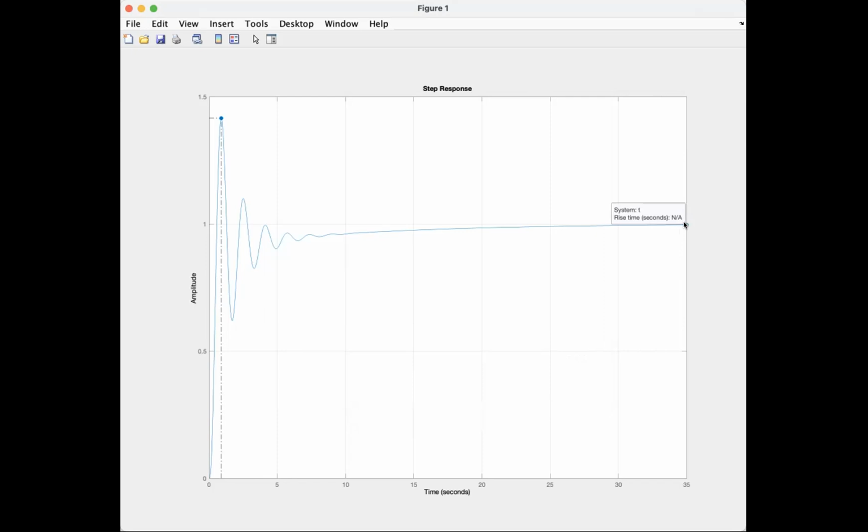If you look here, the final value is 1, and then the input is 1. So 1 minus 1 will be 0. Okay, so that is the PI controller.